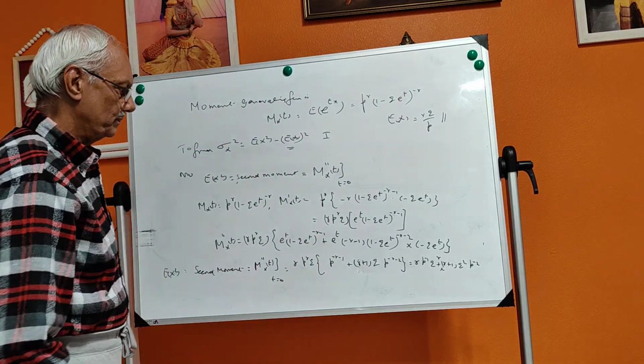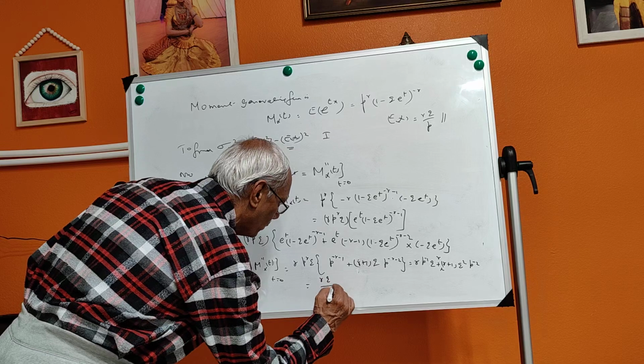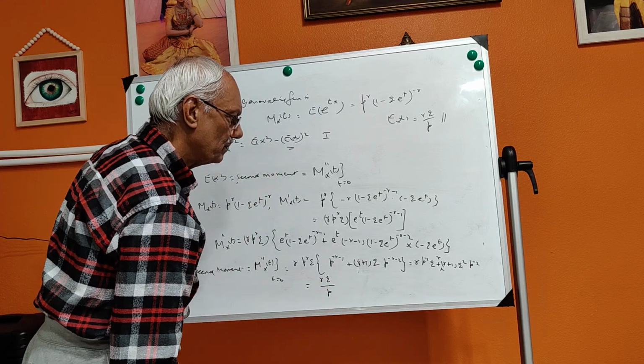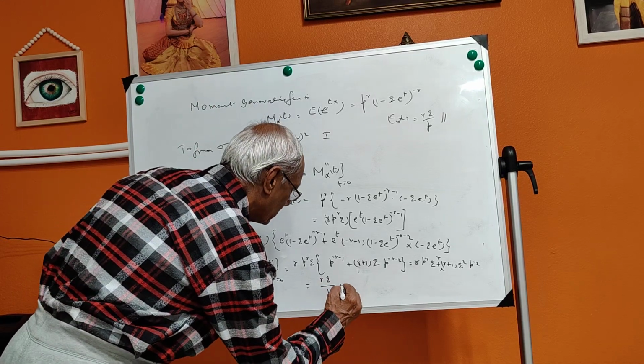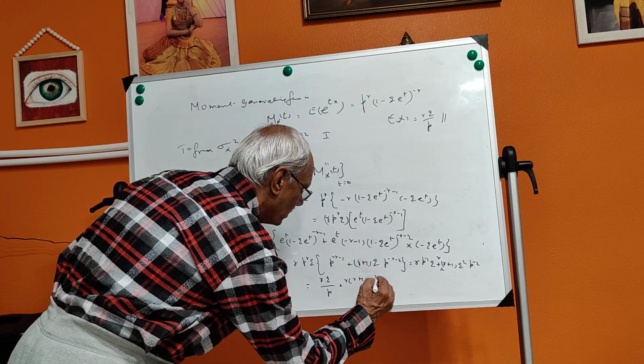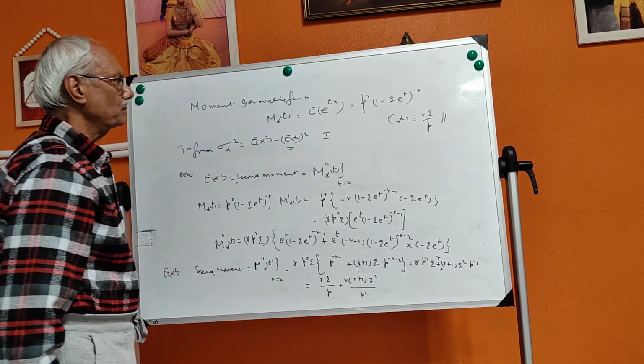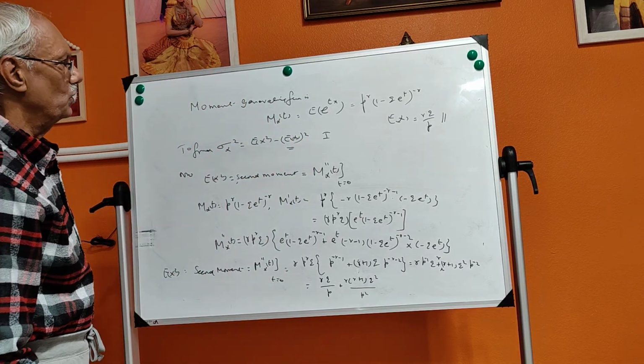This is what you get. So what do you get here? r q by p plus r into r plus 1 q squared by p squared. So this is what you get.